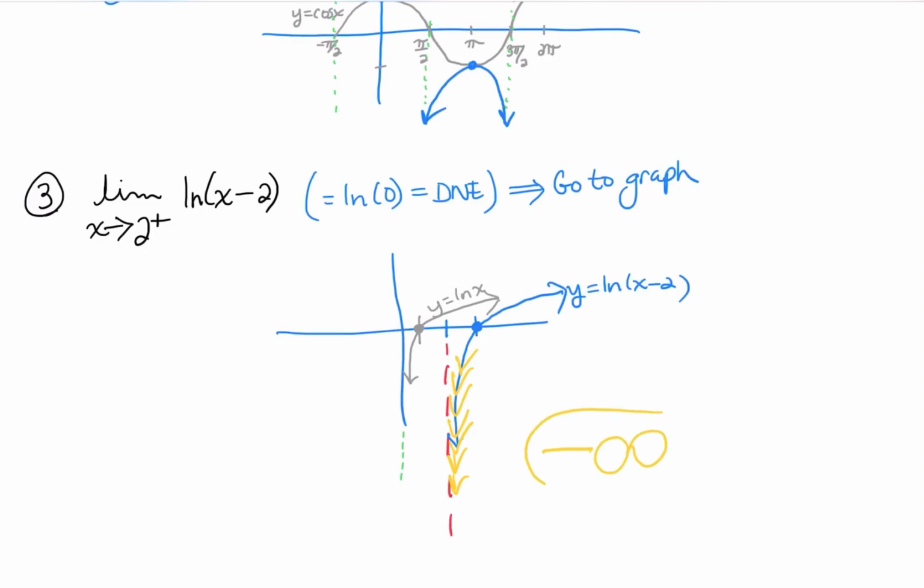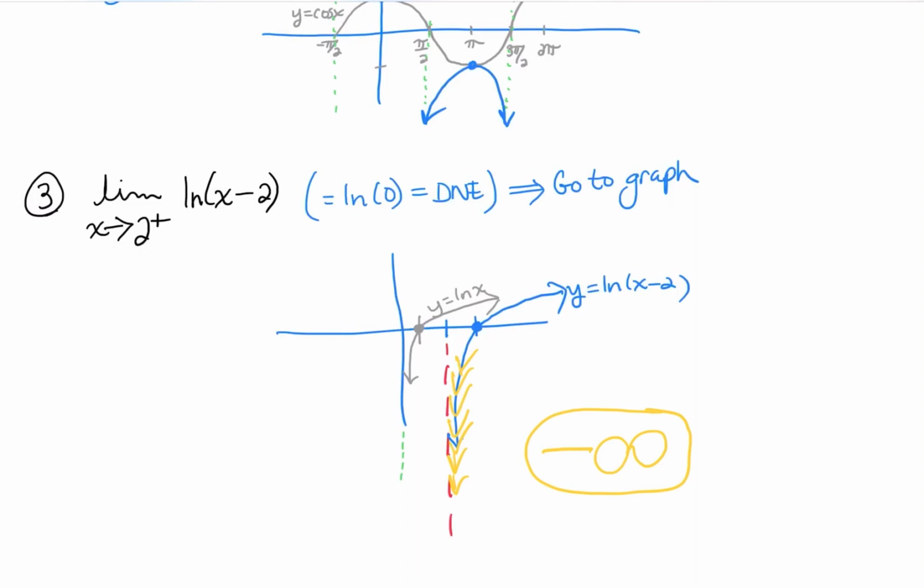So this one, it's not a 0 over 0 form, but it does require a little bit of knowledge, recalling that there was a vertical asymptote on the natural log function. All right, so those are some examples where we end up with a limit that goes to infinity or negative infinity. So technically it doesn't exist, but just has this unbounded behavior.